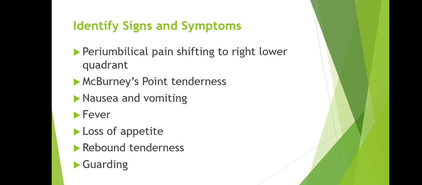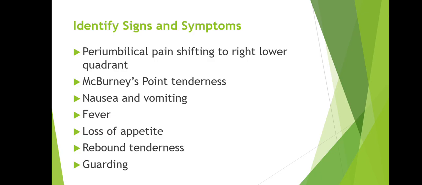Then there is what we call positive McBurney's point. This one we are going to understand in the classical signs of appendicitis. For now, just hold on to it. Then we usually have nausea and vomiting.